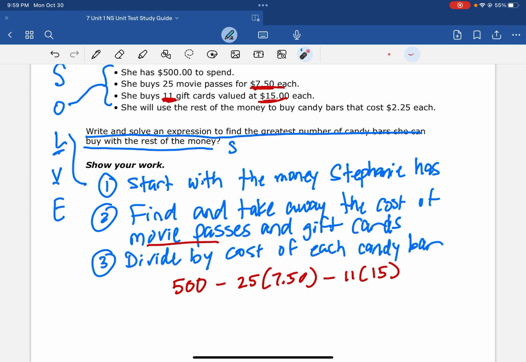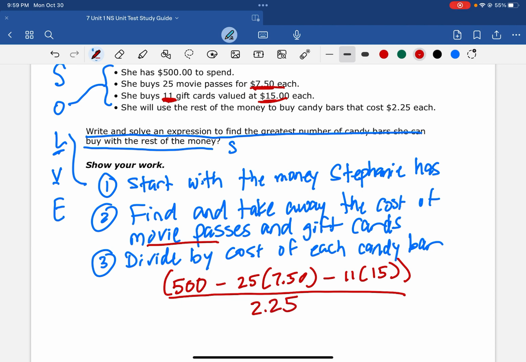So I want to do all of this first. What can I put here that will make everything happen first? Well, I can put everything inside of parentheses and then put a line over it to represent division and put 2.25 under. That's one way to do it. You could have also done it like this instead.